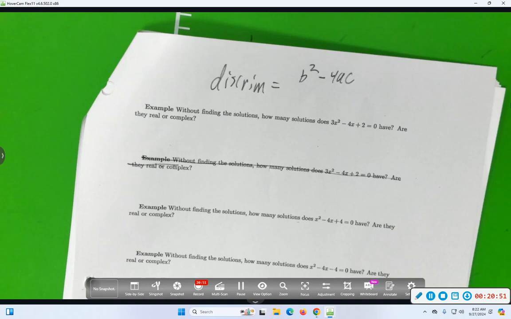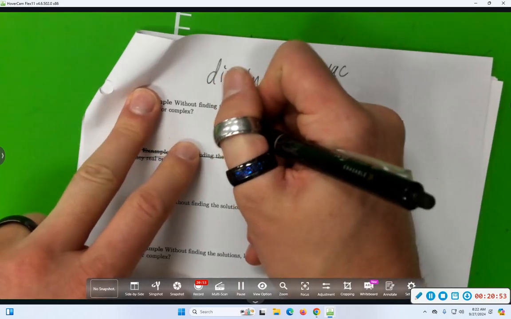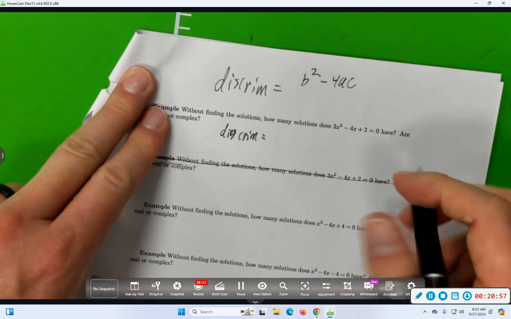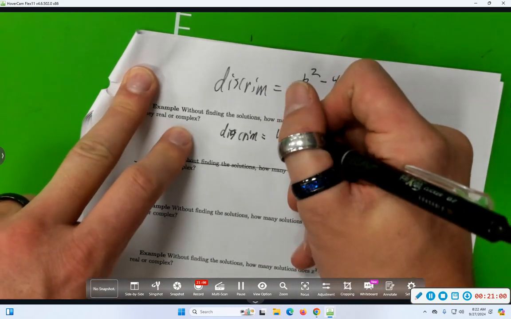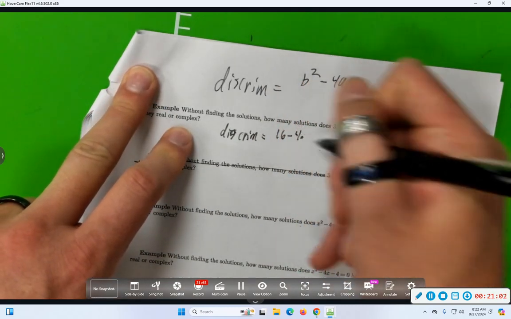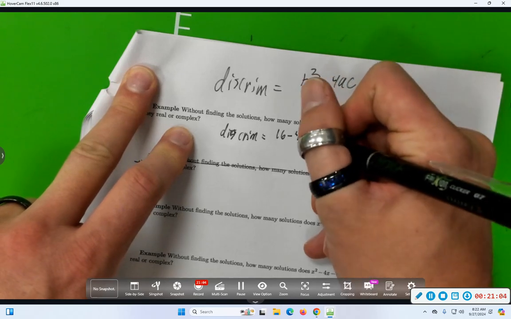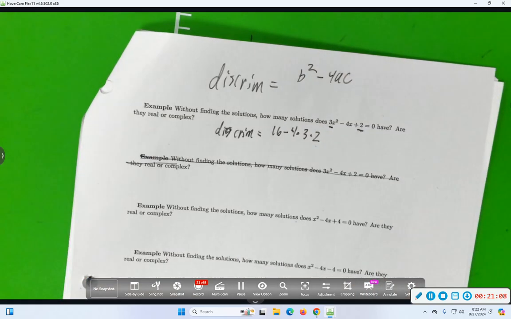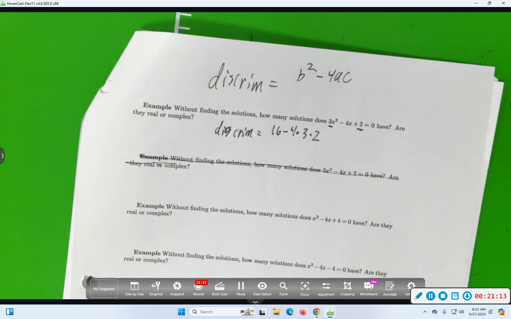Let's compute the discriminant. The discriminant is b squared minus 4 times a times c. And now I just need to answer the question, is that positive, negative, or 0? Well, it's a positive minus a negative, so it's two numbers fighting.